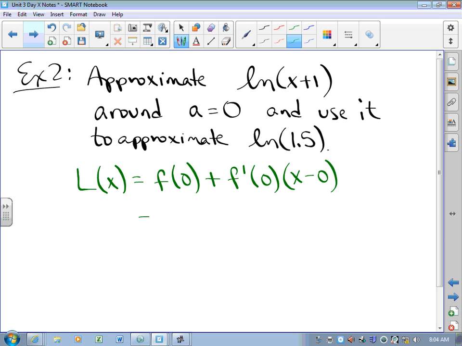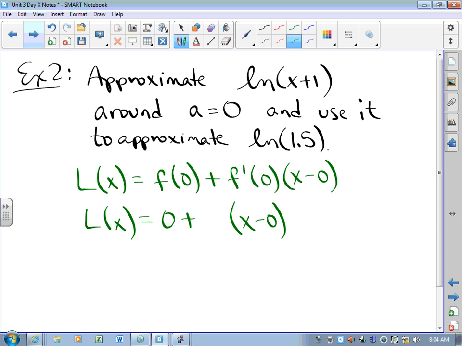Well, I can do that. F of 0, that's ln of 1. That's pretty good. Plus f prime of 0, I'll just stall for time on that one, times x minus 0.